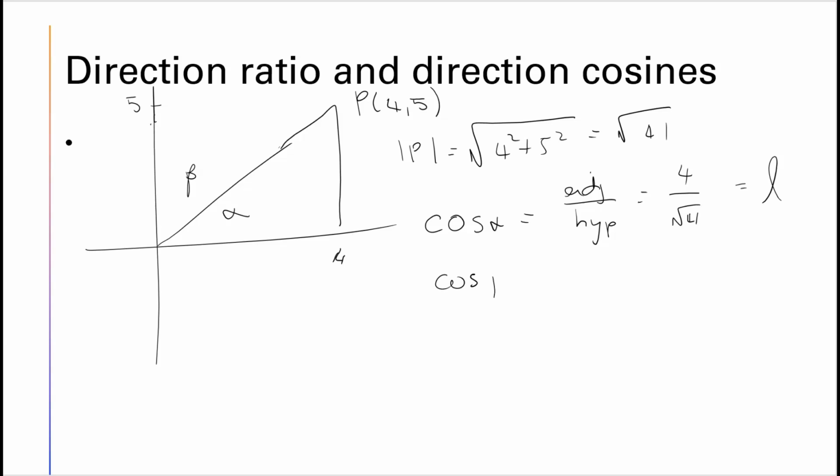Cos beta is going to be the opposite over the hypotenuse, which would then be 5 over root 41, or the adjacent in the other triangle.